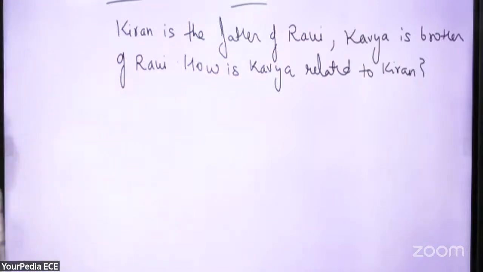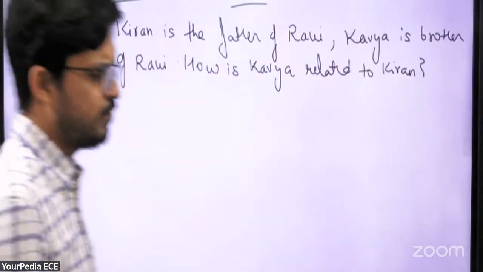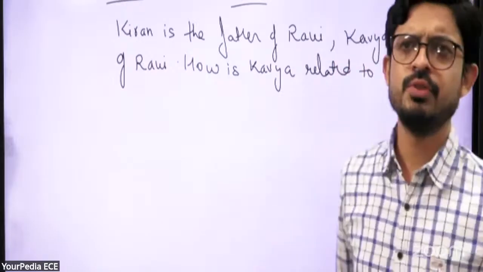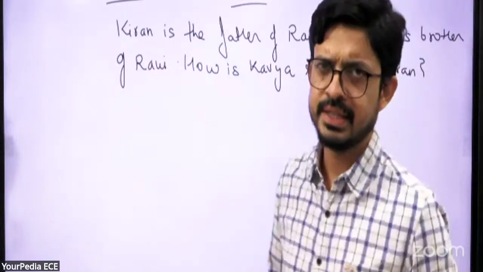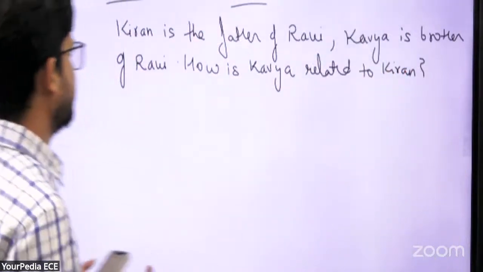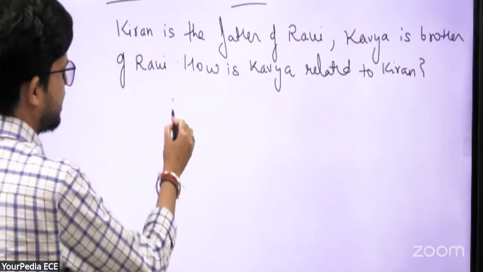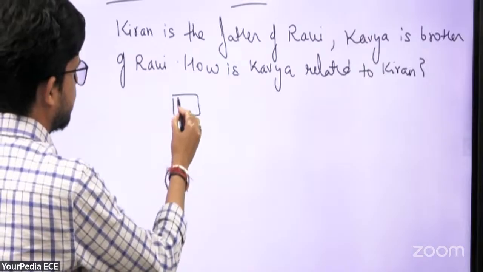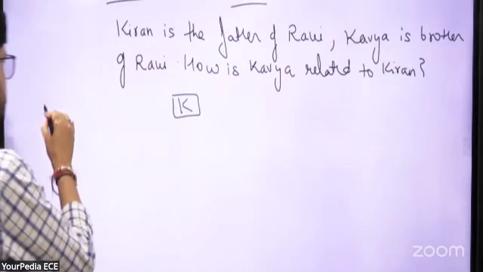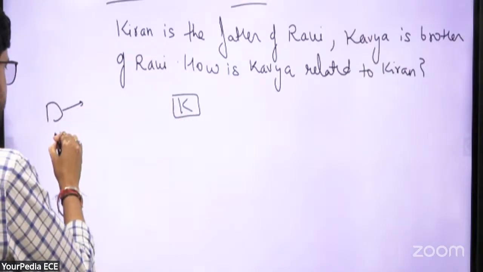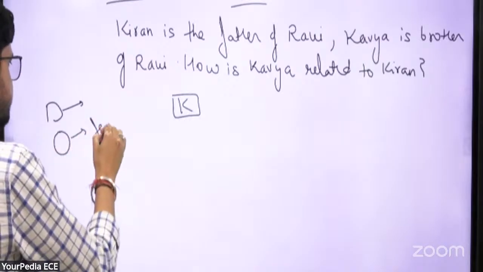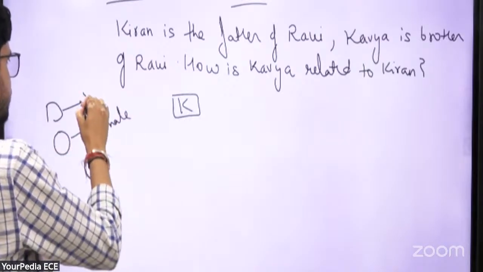Very simple question. As you know, when we solve a blood relation question, we have to make a diagram. And how to make the diagram? Here we see that Kiran is the father of Ravi. So we place Kiran here and we take a box for Kiran, because for male we take box, for female we take circle. That is up to you.